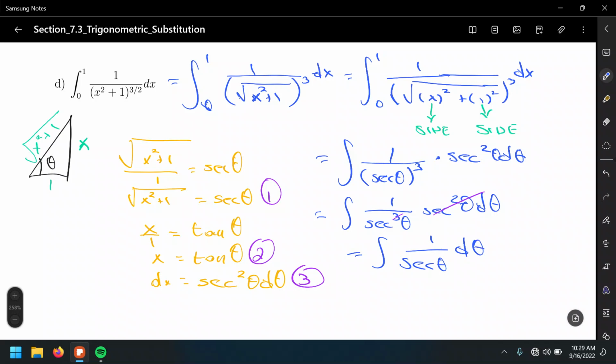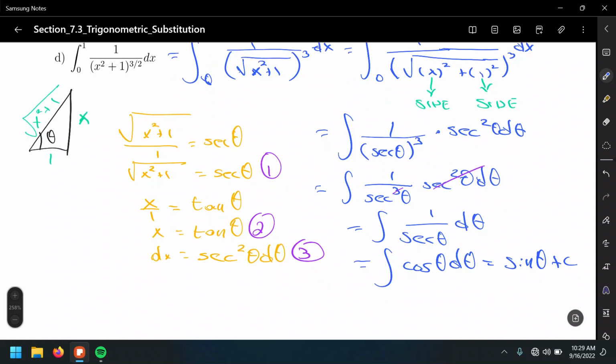We don't have an integral for that, but we can use trigonometric identities. What is this equivalent to? Cosine. And we know the integral of cosine, don't we? That's a really straightforward one. That's sine plus c.